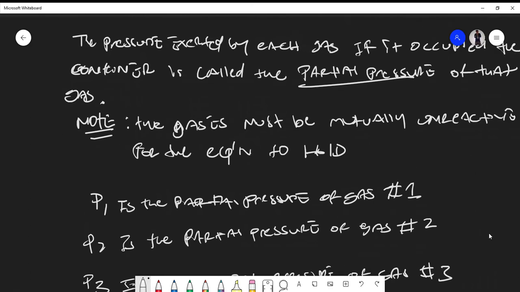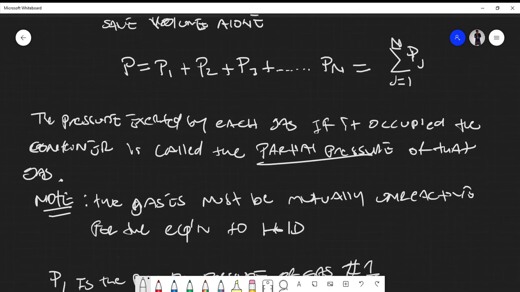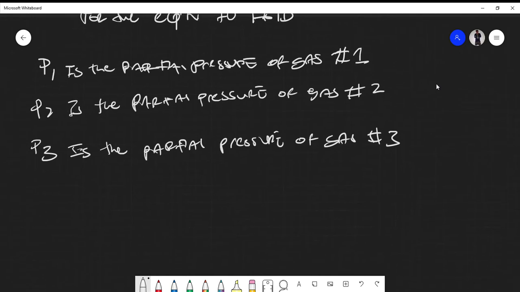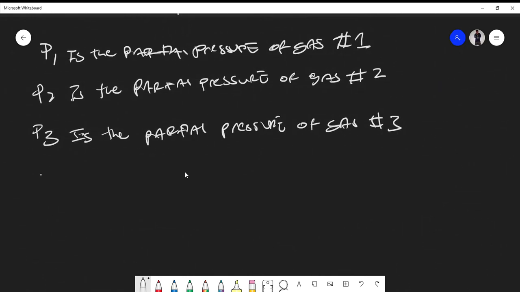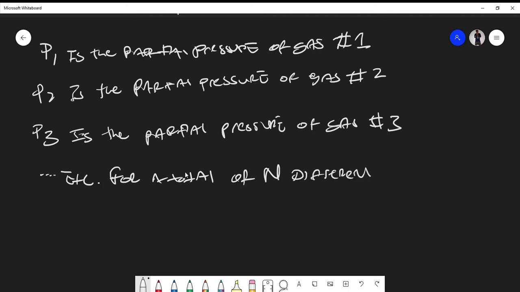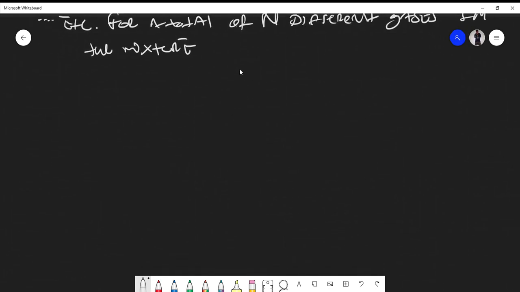We're just laying out the foundations. We could go all the way up to 27 if you want, for a total of n different gases in the mixture. So it's just a summation.